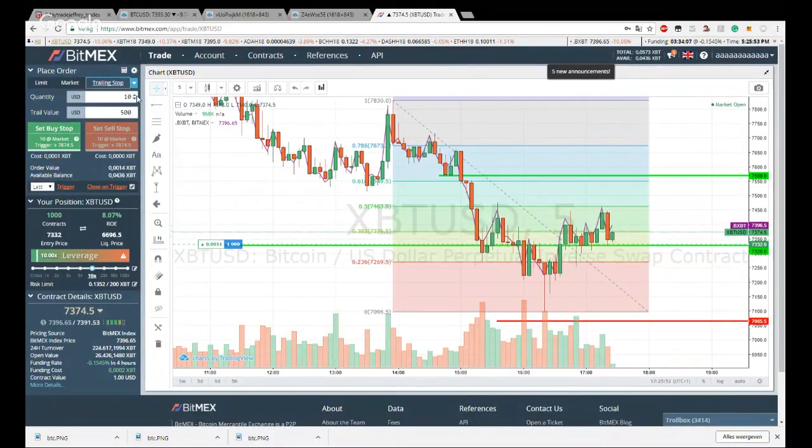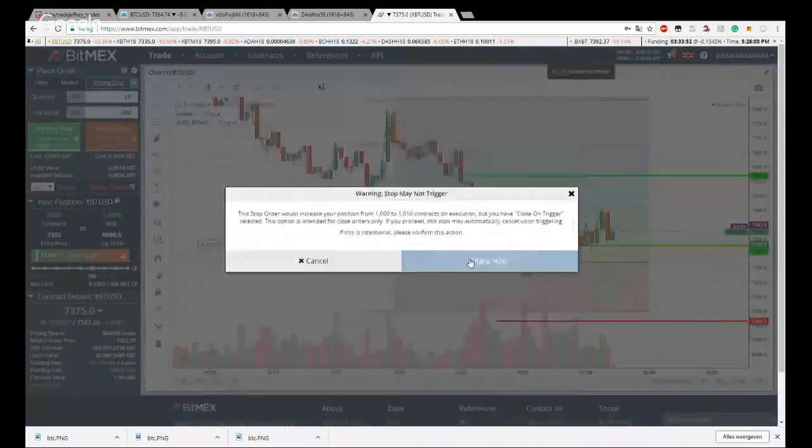Into trailing stop. Basically, what is a trailing stop? This trailing stop will move along with the price. So basically, let's say I put this at 200. Put a stop. There we go.